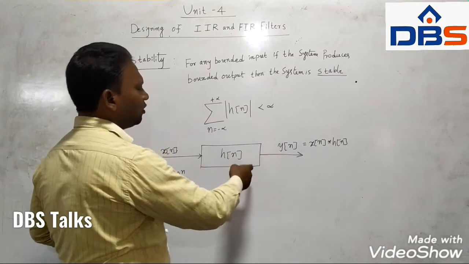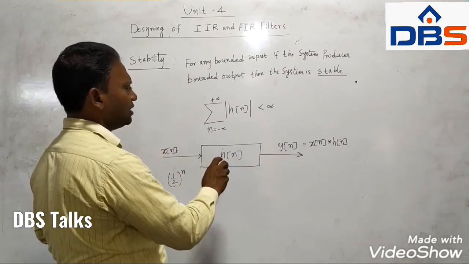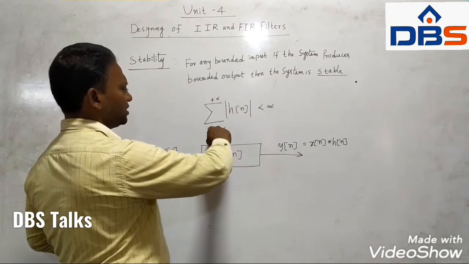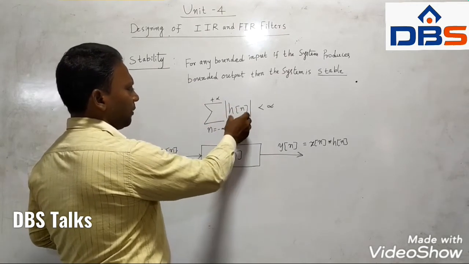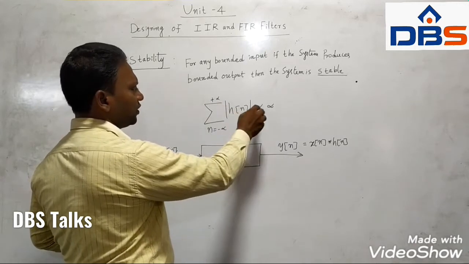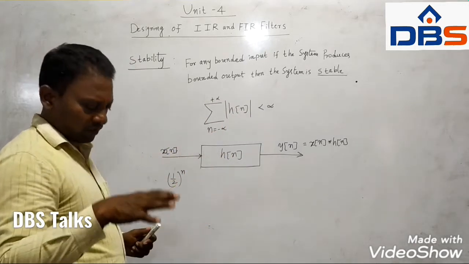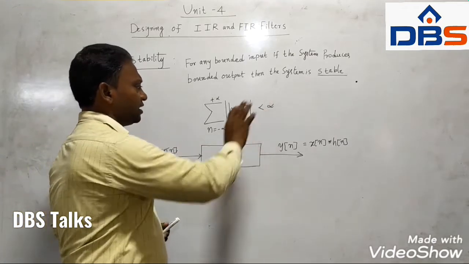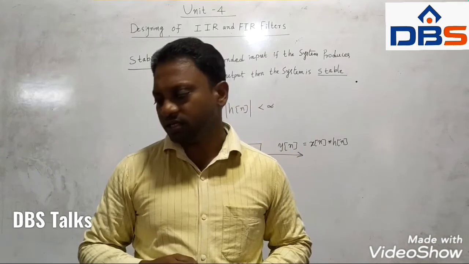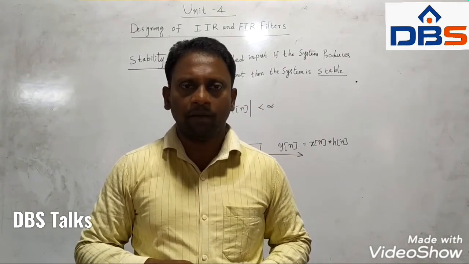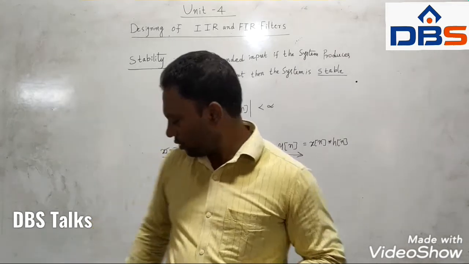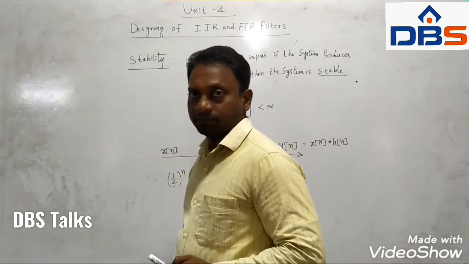In that case, if the sum of the magnitudes of h of n from minus infinity to plus infinity is less than infinity, then we say that it is a stable system. So these two conditions must be satisfied before designing any FIR filter. Now we will go for the next one.